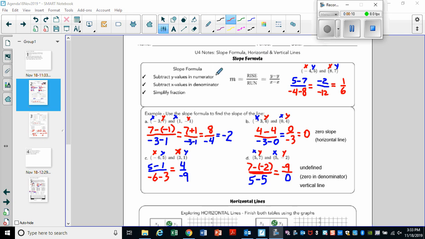So we are trying to determine the slope of a line connected between two coordinate points, which are also ordered pairs. So you have your ordered pair x comma y and another x comma y.